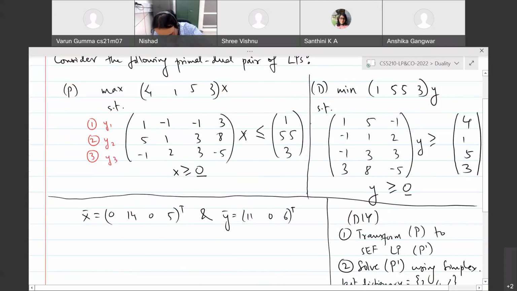I'll squeeze it in: 1, 2, 3, and 4 constraints. And the corresponding primal variables, which will be the dual of the dual, are x1, x2, x3, and x4.